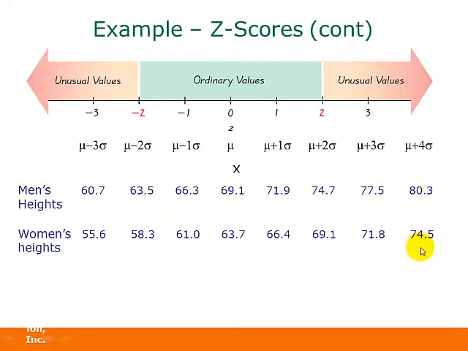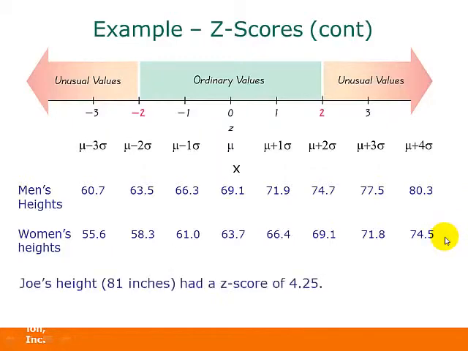And I put the 4 standard deviations above the mean over here because both Joe and Candace came out with z-scores that were more than 4. So their heights would both fall in this area. In fact, Joe's height had a z-score of 4.25, which would put him over here on the z-score scale, and notice that that corresponds to where his height would be on this scale, because it's 81, which is slightly more than the mean plus 4 standard deviations.